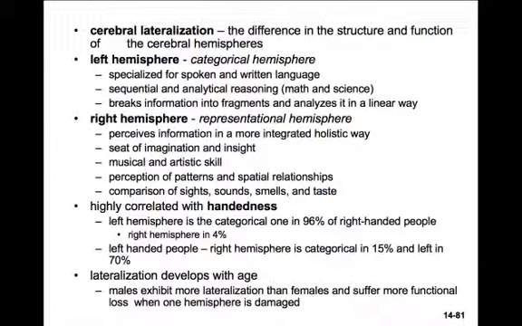The left hemisphere is the categorical one in 98% of right-handed people. In left-handed people, the right hemisphere is categorical in 15% and the left in 70%. This lateralization develops with age. Males exhibit much more lateralization than females and suffer more functional loss when one hemisphere is damaged.